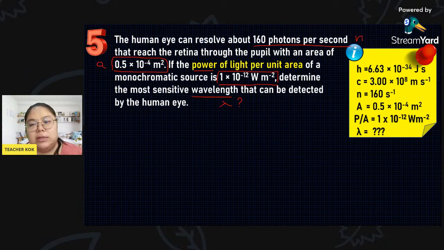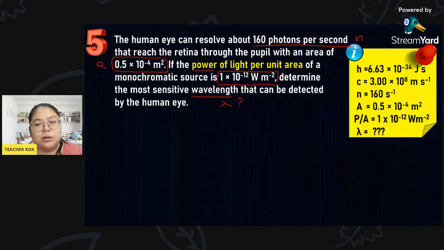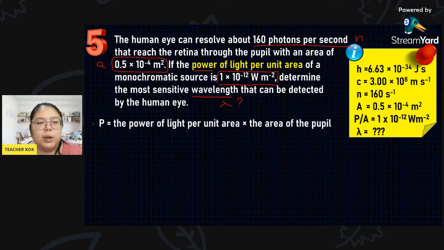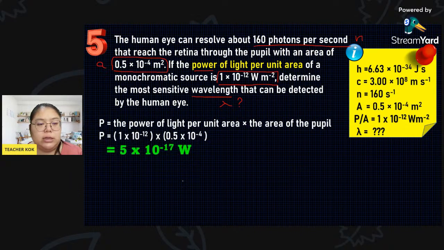Now the question wants us to find lambda. So that means we have power, we have lambda, and we're still using the same formula. I just put the same formula here. P equals power of the light per area. You want to ignore the area, so you need to multiply. You want to find the power, so from here I do the calculation. We find the power first. I take 1 times 10 power of -12, multiply by the area.